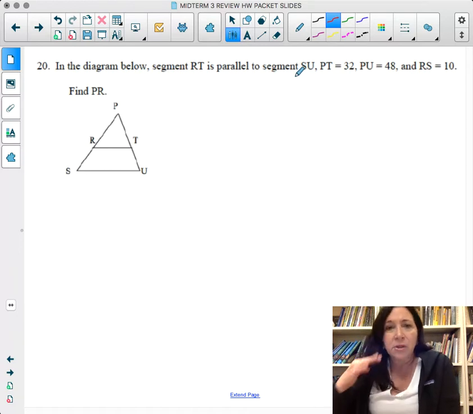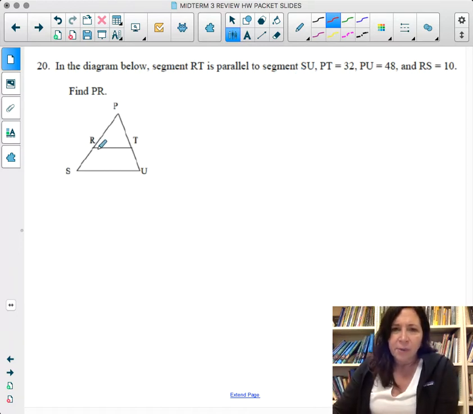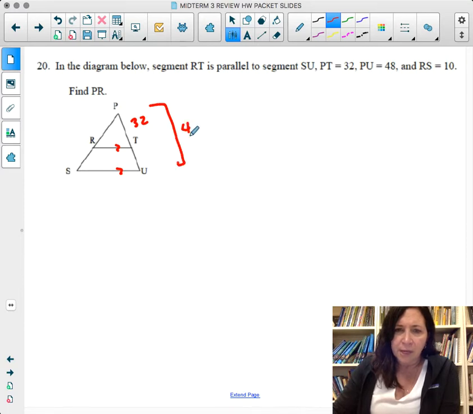In the diagram below, segment RT is parallel to segment SU. So this is parallel to this. You know that PT is 32. You know that PU, this whole length here, is 48. Well, that makes this 16, right?